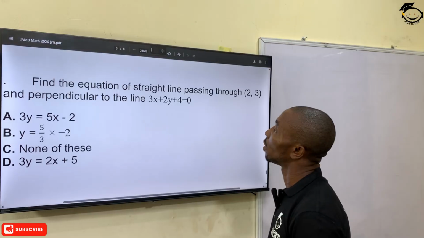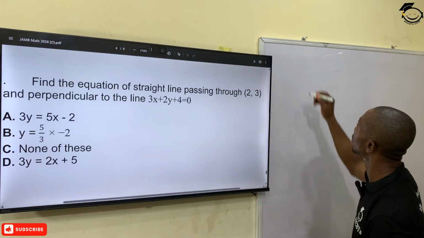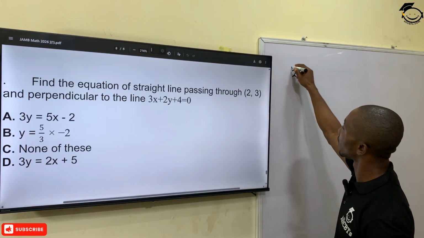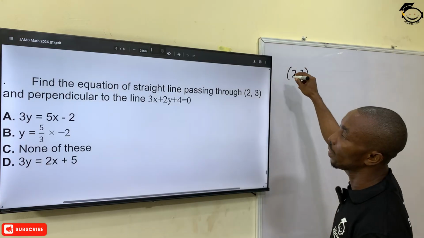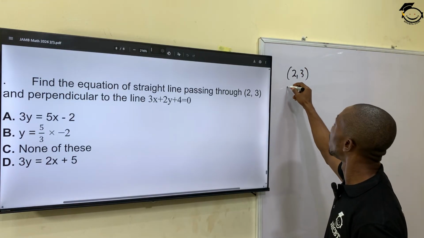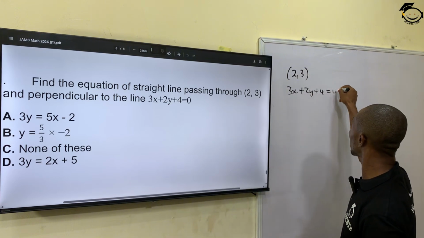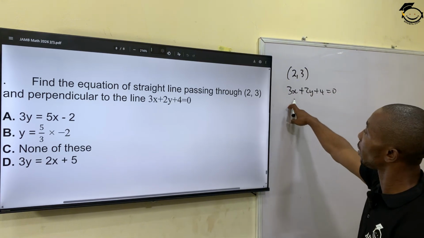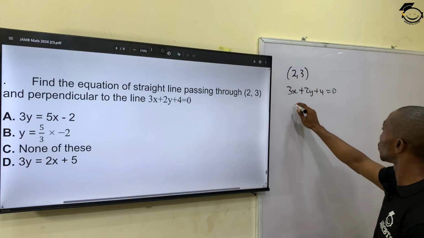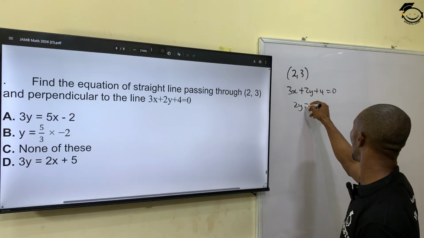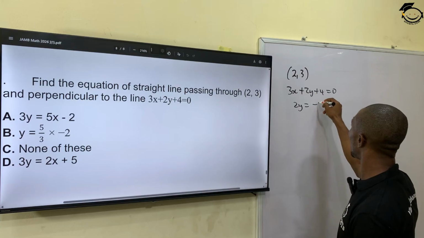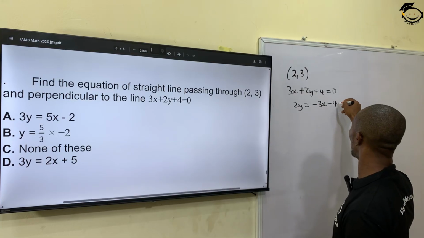Find the equation of the straight line passing through 2, 3, and perpendicular to 3x plus 2y plus 4 equals 0. Now, from here, we'll make y the subject of the formula. So this becomes 2y equals minus 3x minus 4.